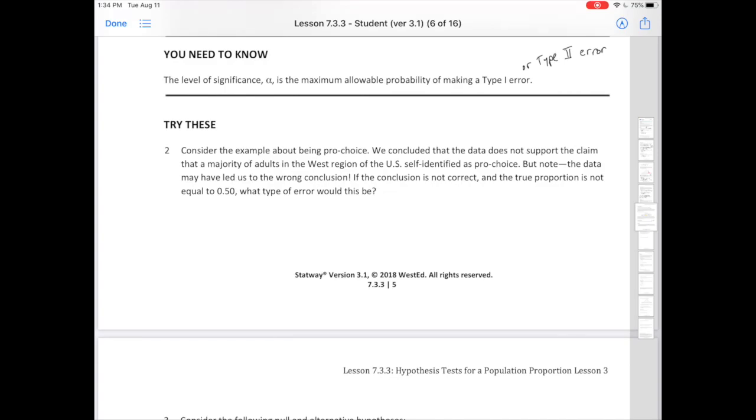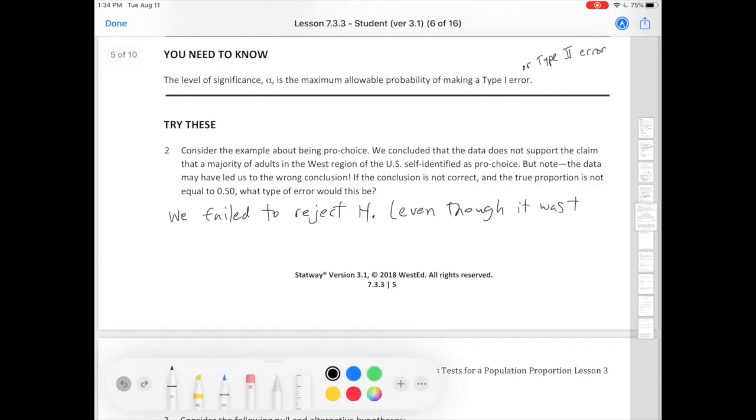So we failed to reject the null, even though it was false, I mean.